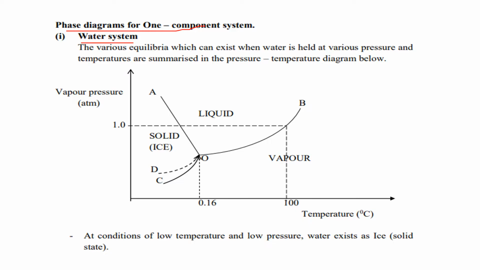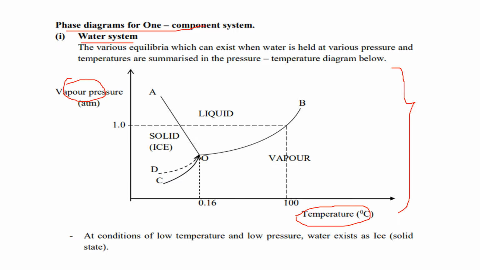Now this is an example of a phase diagram, and it's going to explain what takes place when pressure is varied with temperature. So take note of that, pay attention and understand how it is explained. For those of you who don't have it, you pause the video and you draw it.